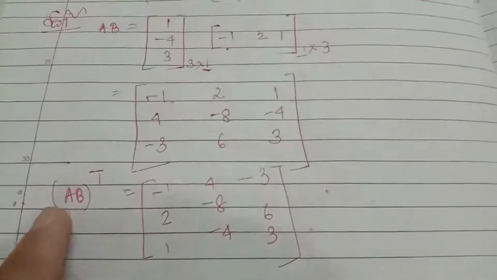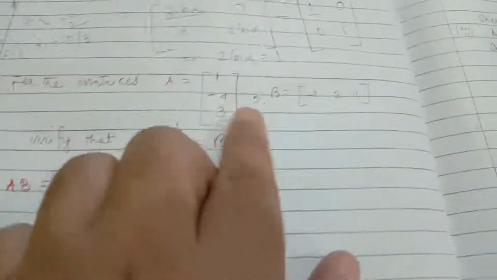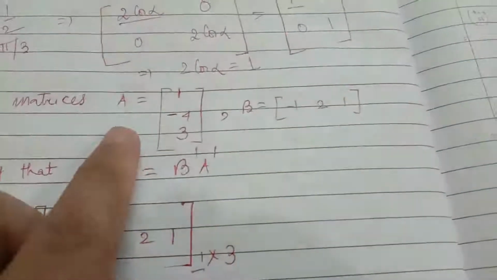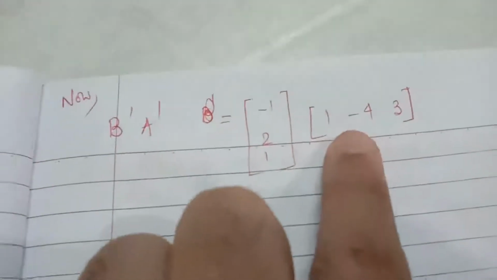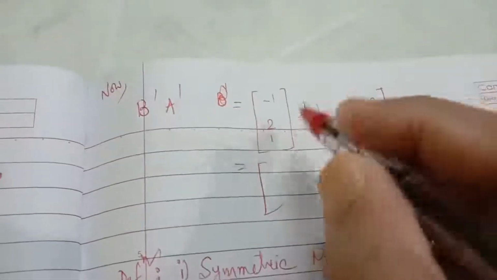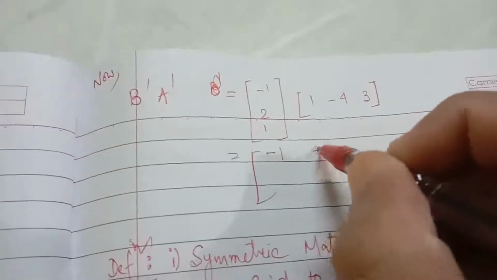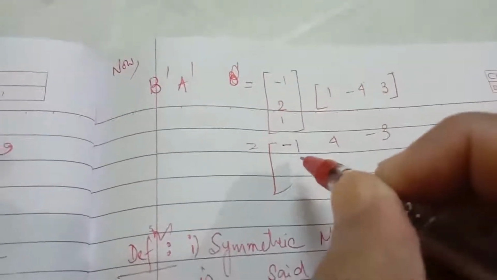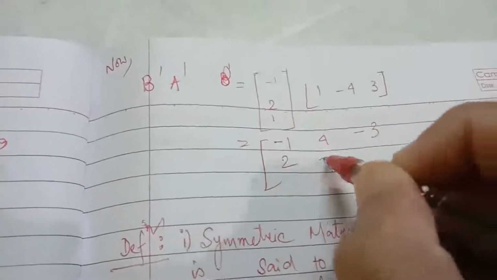Now we have to show AB transpose equal to B dash into A dash. (AB) whole transpose equal to B transpose into A transpose. Now I have written B transpose here, A transpose here. Now we have to multiply these two. If we multiply these two, the first row will be minus 1, 4, minus 3. Second row will be 2, minus 8, 6.